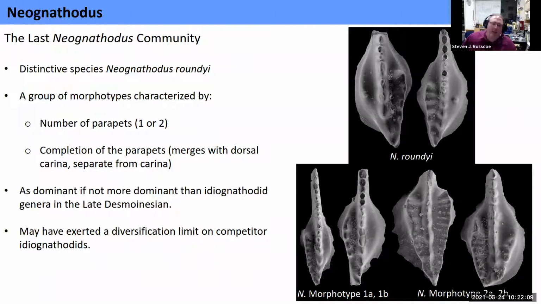When we see Neonathodus go extinct, we tie that to a massive flooding sequence on the mid-continent basin. And what we end up with is just unrestrained variability and diversification. And that's what we'll see happen as we go through this. Next slide, please.